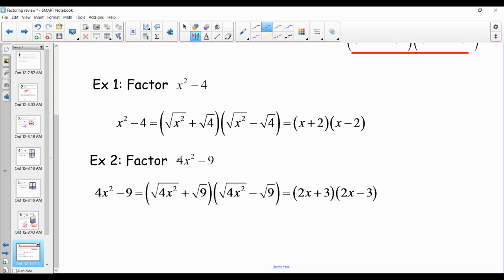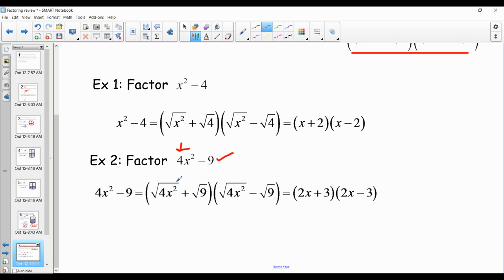So here's one where we have a number, an a, in front of x squared. But this is a perfect square again. X squared is a perfect square, so this whole expression is a perfect square. 9 is a perfect square. Perfect square, I know I've been using that term, it's just a number that when you take its square root, you get an answer, not some kind of decimal.